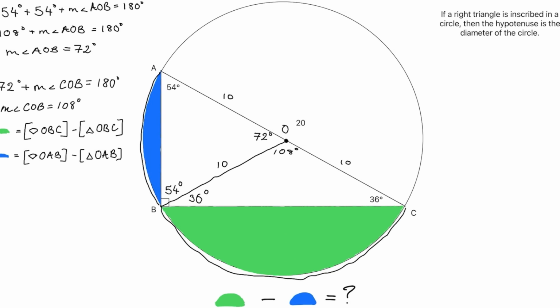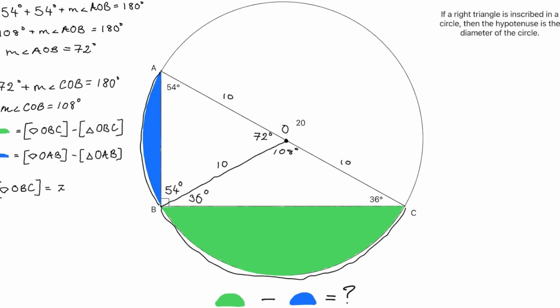All right. Now, how do we find the areas of the sectors? We know that the area of a circle is equal to pi times the radius squared. So if we take sector OBC, this is a small chunk of the circle's area. So we need to multiply this by a fraction. Well, what fraction?